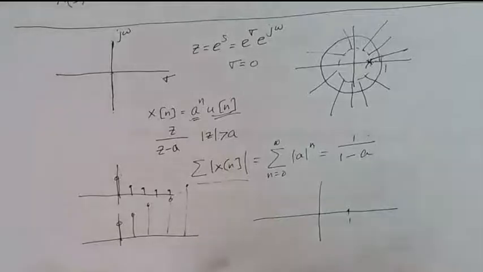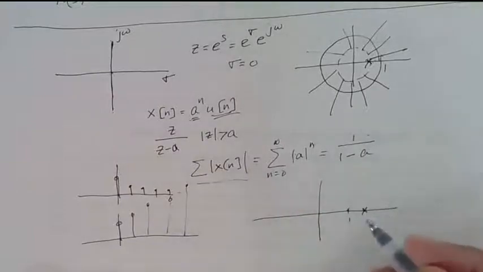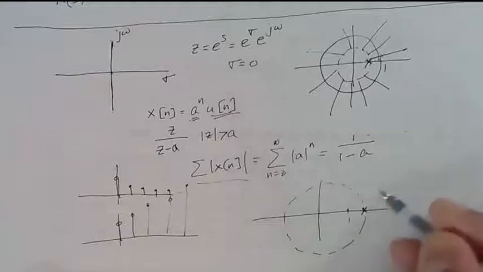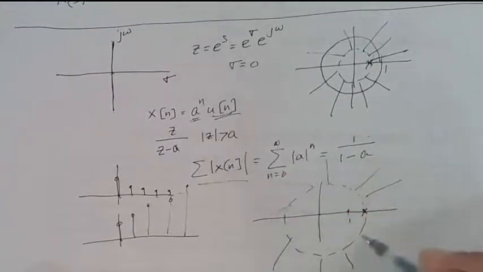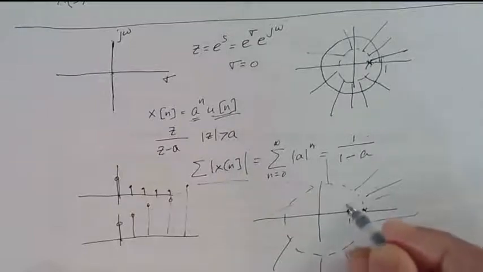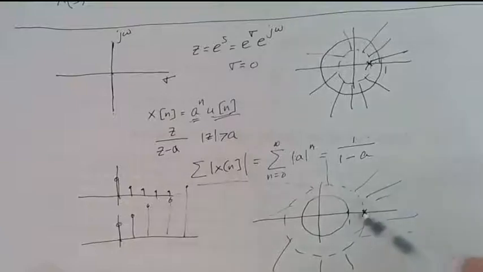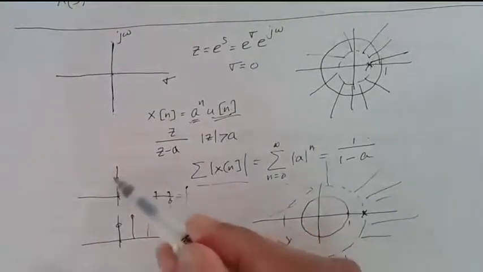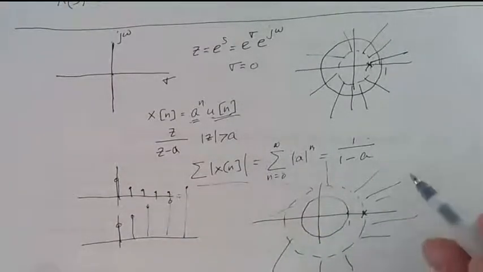And as it keeps increasing, I would get a pole at z equals a. It's a right-sided sequence, so the region of convergence is outside of this, and it does not include the unit circle. So if the region of convergence includes the unit circle, you'll have a nice decaying function of some sort. If it does not include the unit circle, you won't.